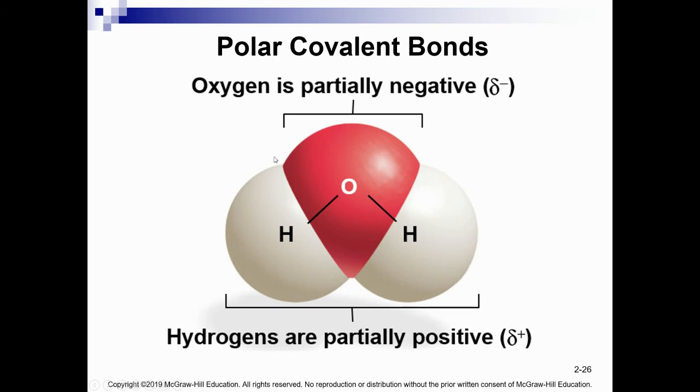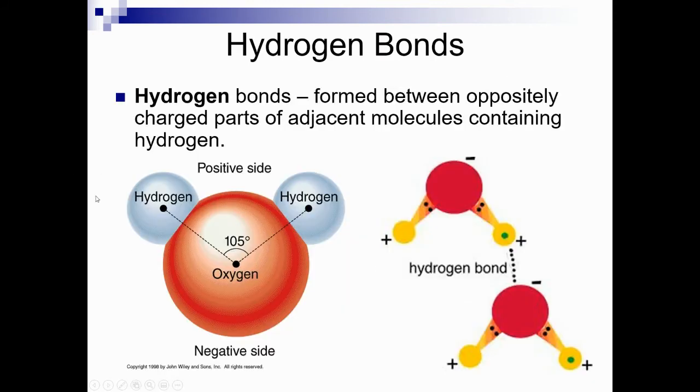And this side of the molecule has a slight positive charge. I like to draw my waters to look like Mickey Mouse, like this. So every water molecule that I have has one side where the hydrogens are, that's slightly positive, and then the side with the oxygen is slightly negative.